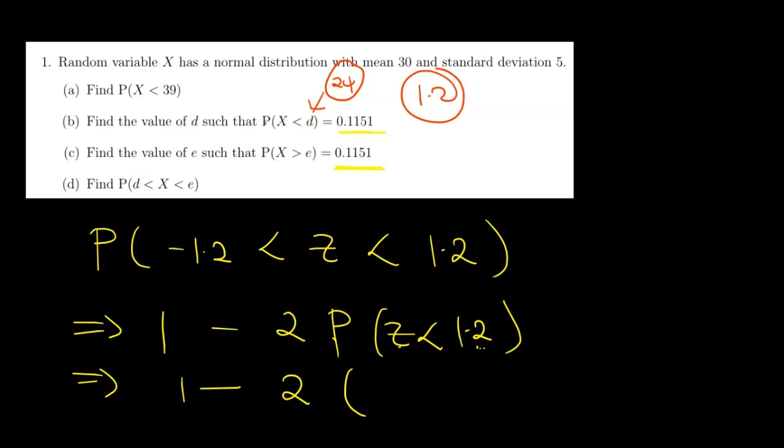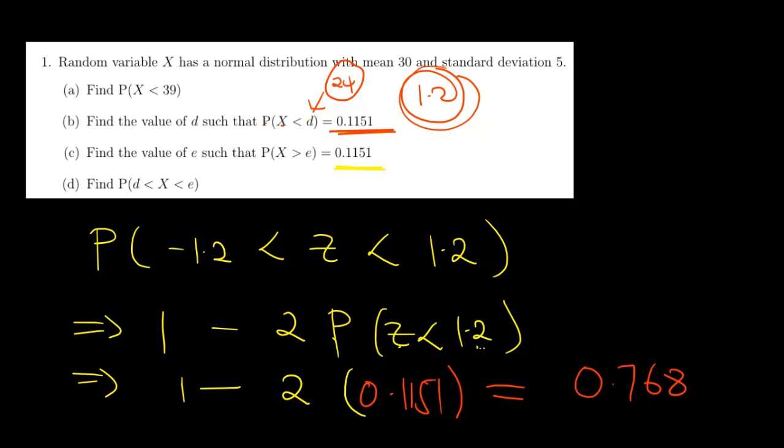It's there already. So we're just going to put 0.1151. So this one, when we punch it in on the calculator, I'm getting 0.7698. Okay, so this one here will be the probability that x is between d and e.